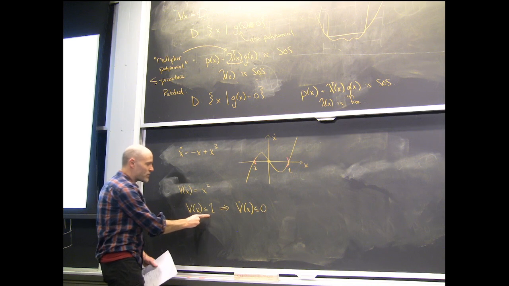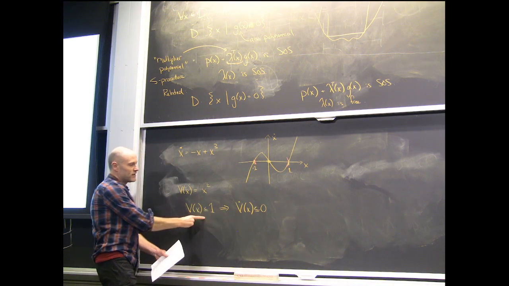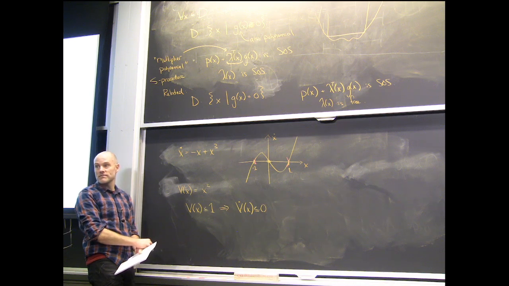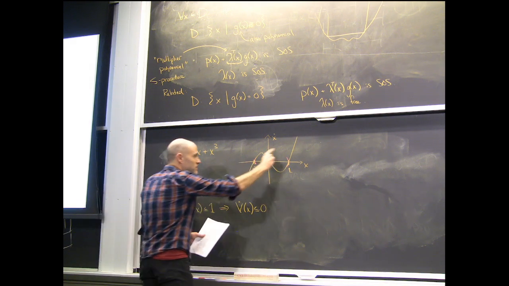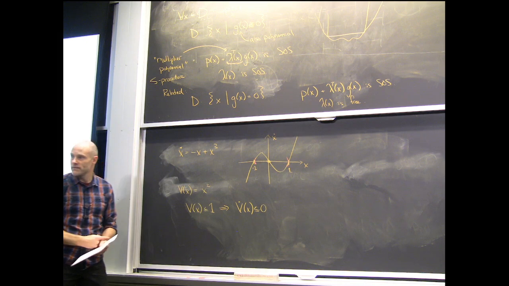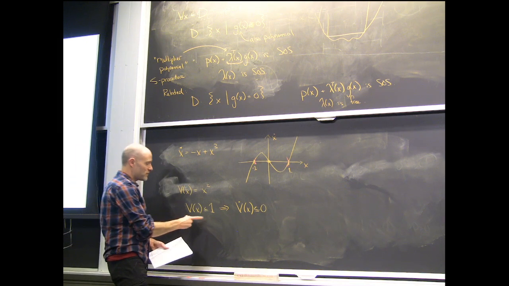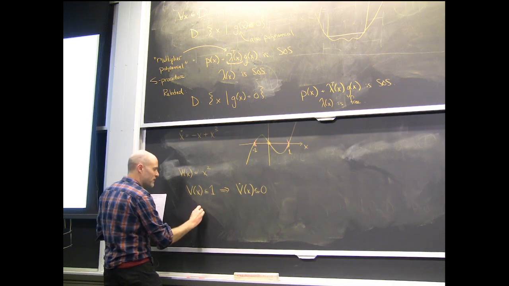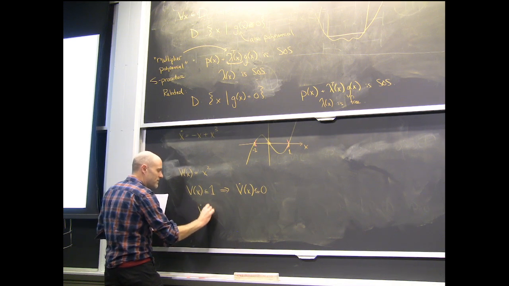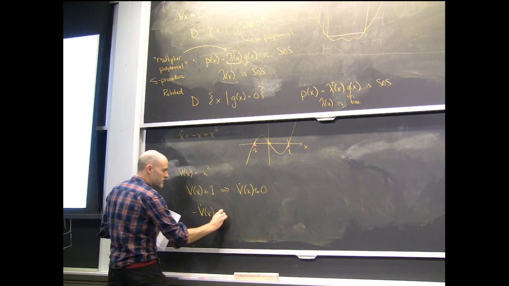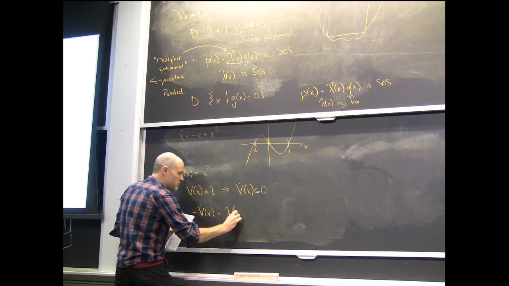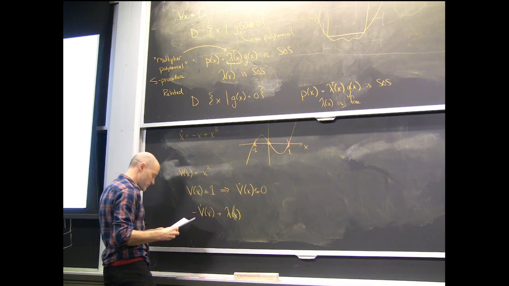So do you see how this query, if I could certify this query, I could prove the region of attraction? V of x less than 1 is exactly a way to specify that domain, right? And what I'm going to do is make a multiplier, and ask that negative v dot of x, plus lambda of x, times v of x minus 1, is SOS. I always have to make sure I get the signs right.